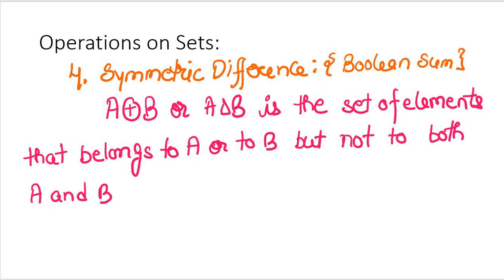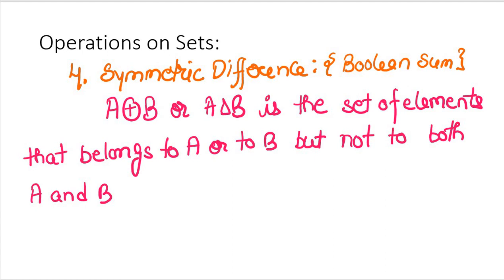That means either it is there in A or it is there in B, but it is not present in both. That means I am excluding that particular intersection element. Right.